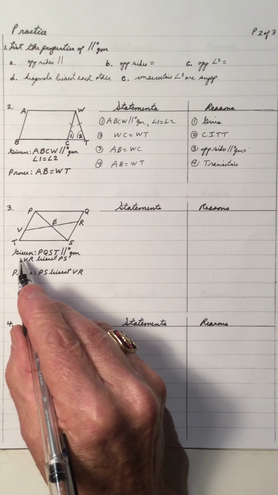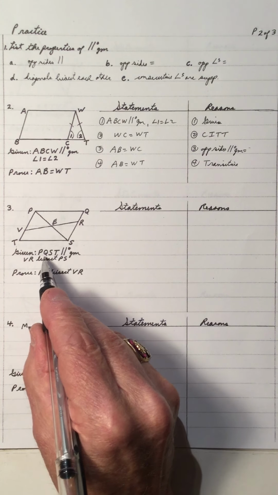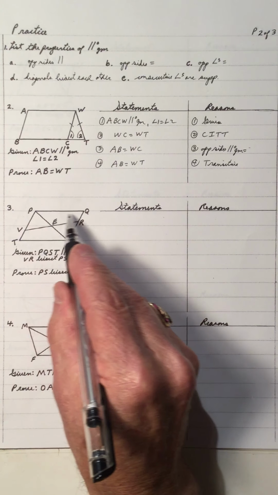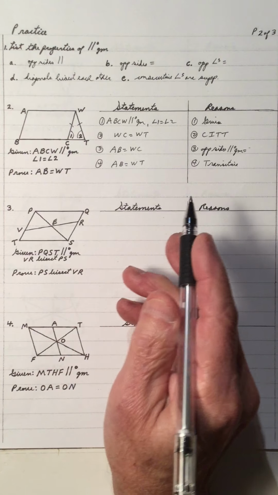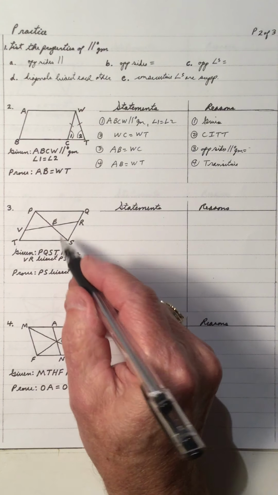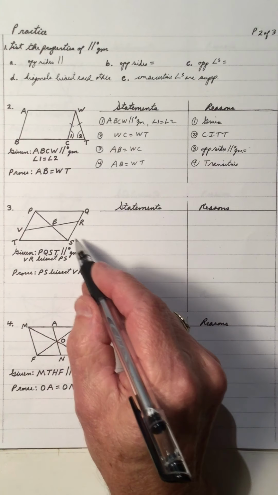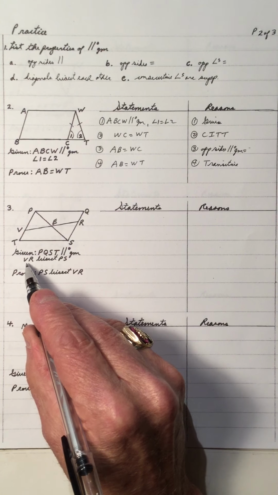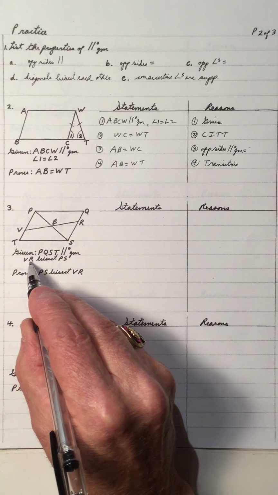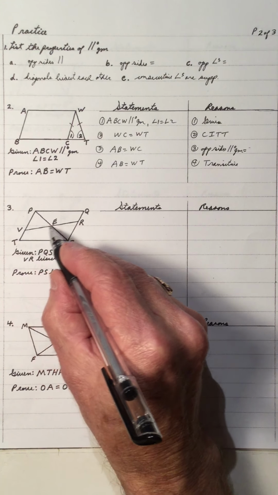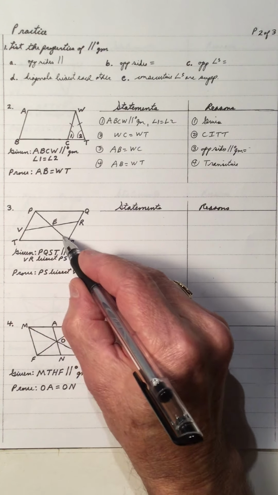And again, we have a figure. We're given that PQST is a parallelogram. So we know the properties of a parallelogram, and we're going to use those. And VR bisects PS.